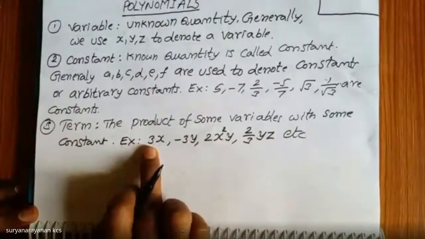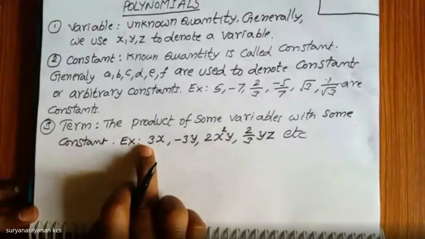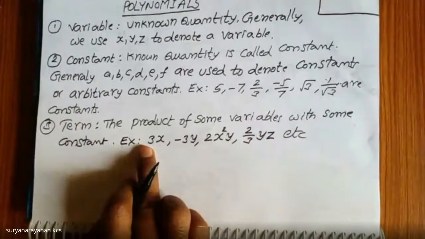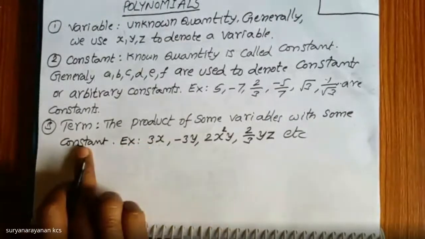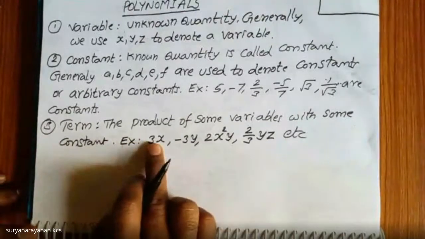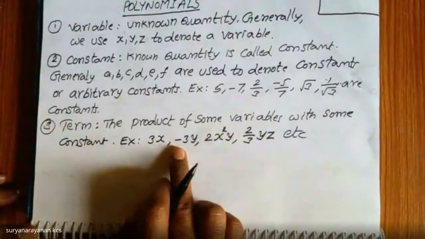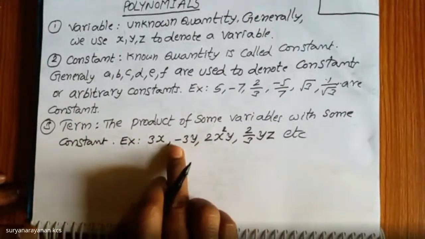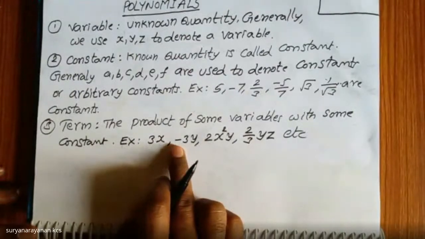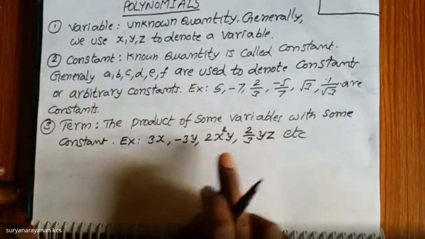In the first, 3 is a constant numerical value, x is a variable. Yes or no? The product of some constant with some variables. In the second example, I multiplied the variable y with minus 3. Understood this point, my dear children?